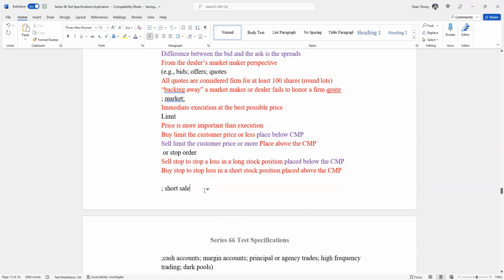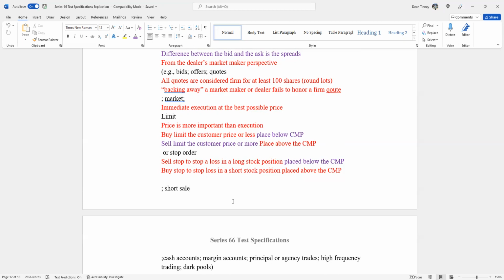A short sale. Again, I'm using the 66 test specification, but for 65s, this is the exact same document in your test specification. So as I've said before, rather than call this 65, 66 and have a combination, which I find aggravating, when there is common content and the only difference is the number of performance opportunities, 2 for 66s and 4 for 65s, I just do it once, but I put it in this different playlist for you.